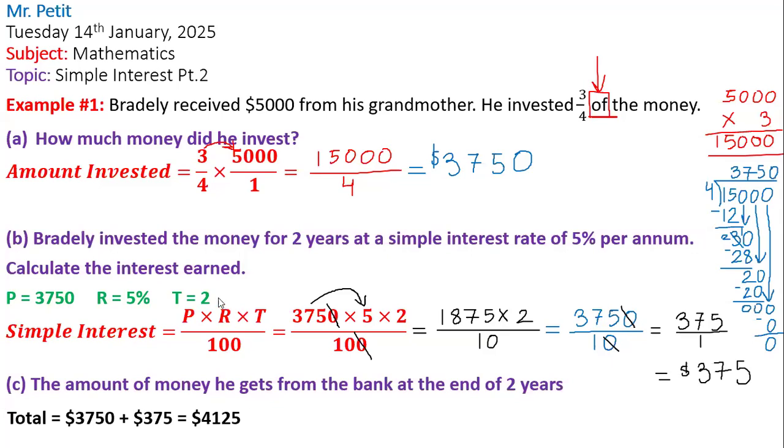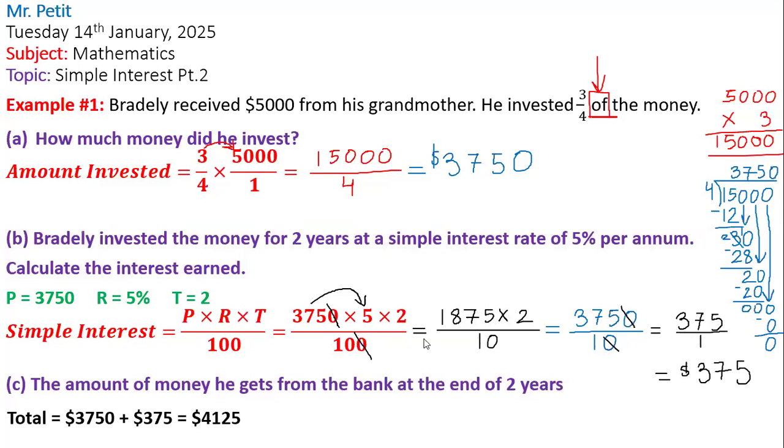How many years do we have? 2. Very good. And so we say P times R times T. So we say 3,750 times 5 times 2. We put it over 100. You understand that? Then we cancel the zeros. Then we say 375 times 5. And that gives us 1,875. We have to still multiply that by 2 though. And then when we multiply by 2, we get 3,750.